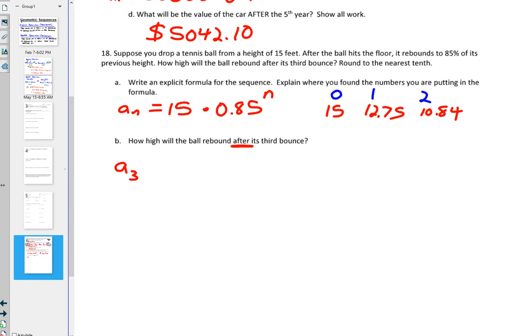What I'm looking for is equal to 15 times 0.85 to the third. Looks like we're going to have to round this also. It does say the nearest tenth. So I'm getting 9.2. Around 9.2.